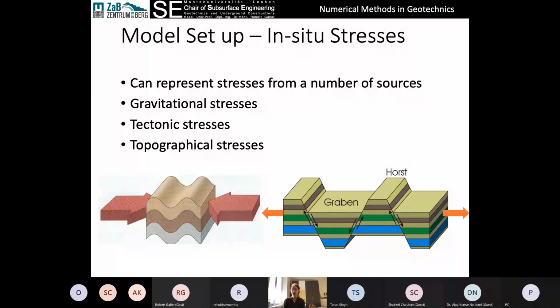If you're in an extensional area, so for example, in areas where we have a subduction zone, or, for example, rift areas, the rift areas of Africa, here in Central Europe we have the Rhine Graben, there's all sorts of places where the tectonics are actually pulling.